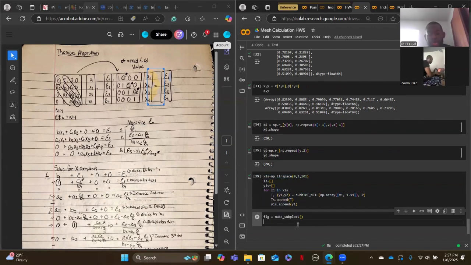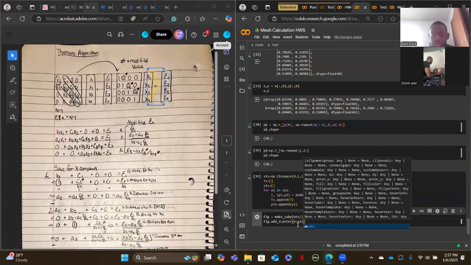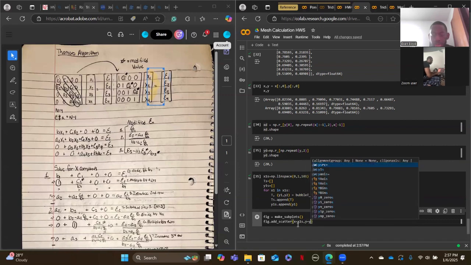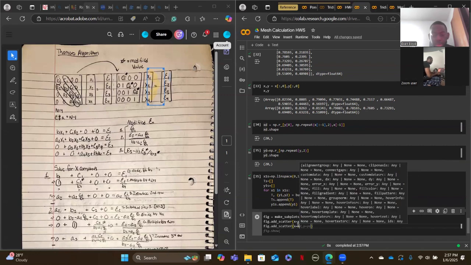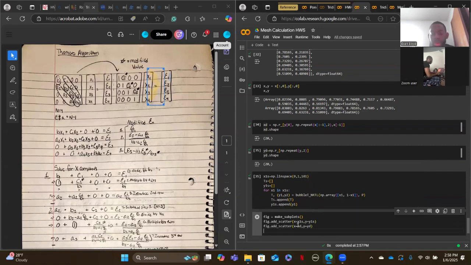So fig equals make subplots, fig dot add. So we do our equilibrium curve first. And this would just be x is equal to x1s, and then y is equal to y1s. We have fig dot add scatter, x is equal to xds, our data points, and then y is equal to yds, our y data points. Okay. And we also do a fig dot update layout, at least for our last one.